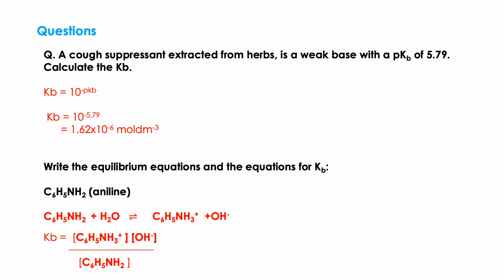So, the products are C6H5NH3 plus and OH minus. The Kb expression is the concentration of the products divided by the concentration of the reactants. Remember, water doesn't feature in the Kb expression because the concentration of water is constant.